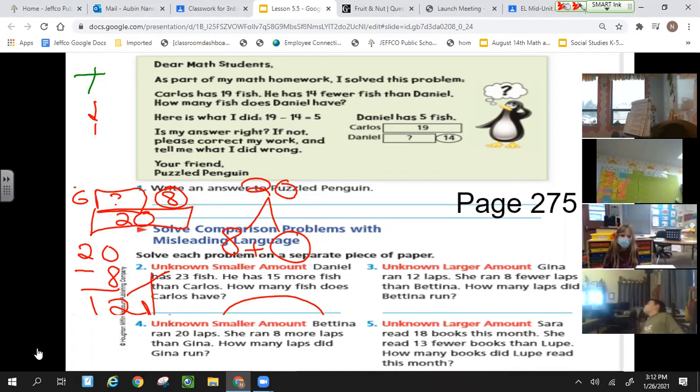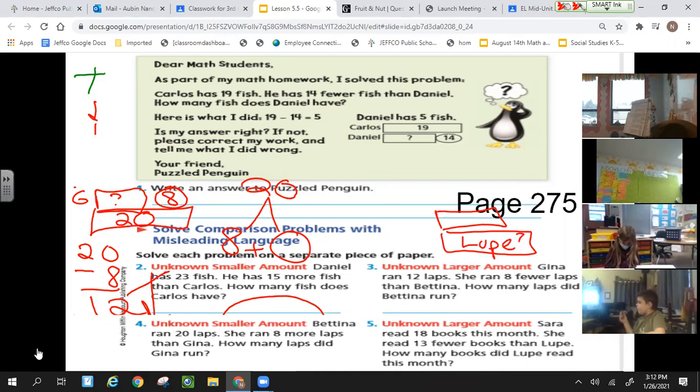Number 5. Sarah read 18 books this month. She read 13 fewer than Luke. So how many books did Luke read this month? If Sarah read 18 books and 13 fewer than Luke, that means Sarah is the smaller number and Luke is the bigger number.